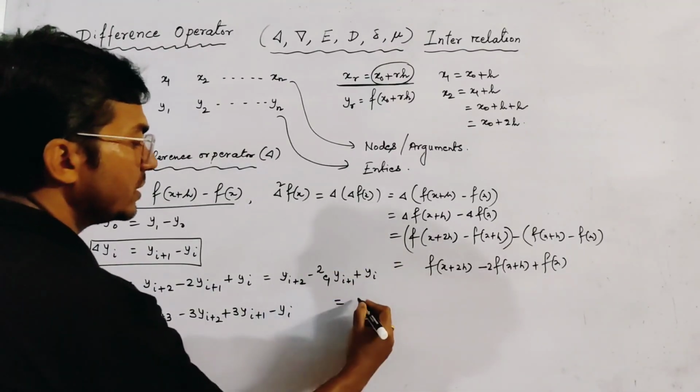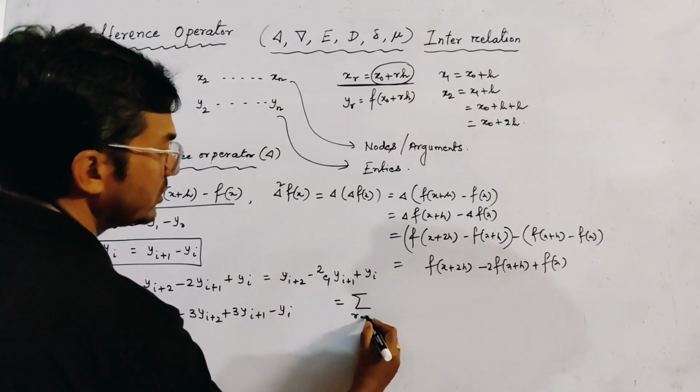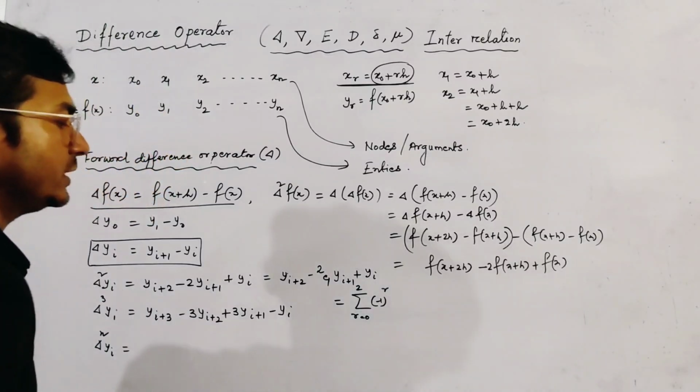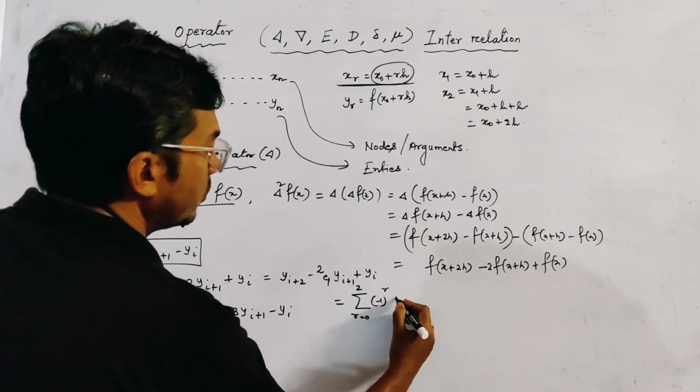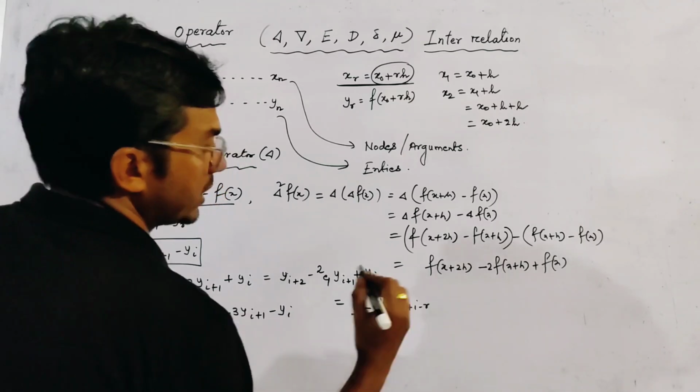In summation form we write this relation as summation r equal to 0 to 2 of minus 1 to the power r into 2cr into yi plus 2 minus r.